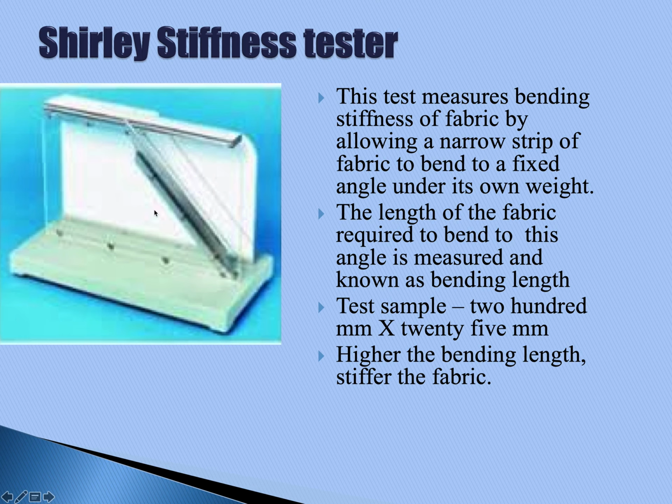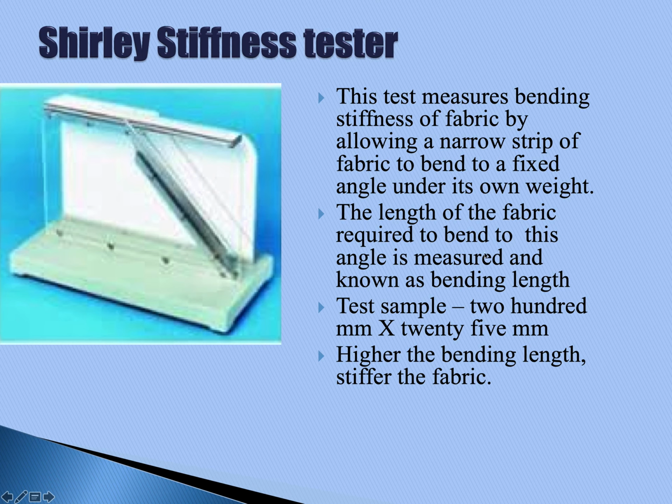So this shows the schematics or the image of the Shirley Stiffness tester. This instrument measures the bending stiffness of fabric by allowing a narrow strip of fabric to bend to a fixed angle under its own weight. So this is a fixed scale. The fabric will be supported till this position, and then it will be made to hang under its own weight in this inclined position.